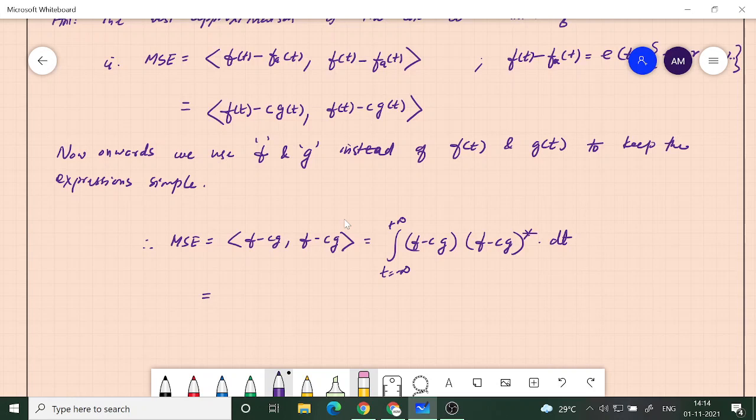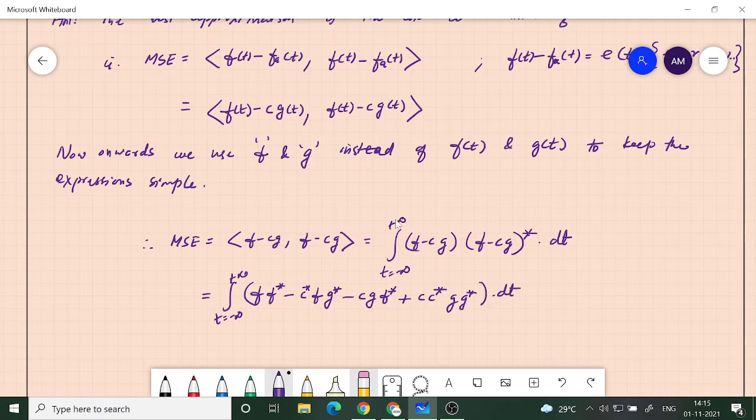So this is equal to, you just expand. The first term will be f f star, the second term is minus c f g star, then minus c star g f star, then finally plus c c star g g star.